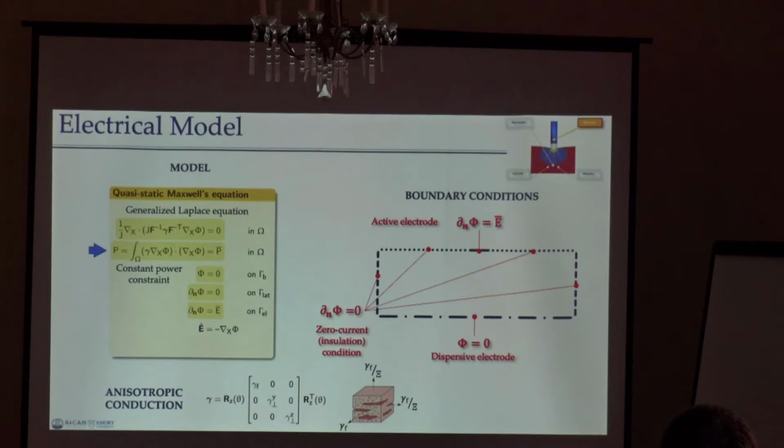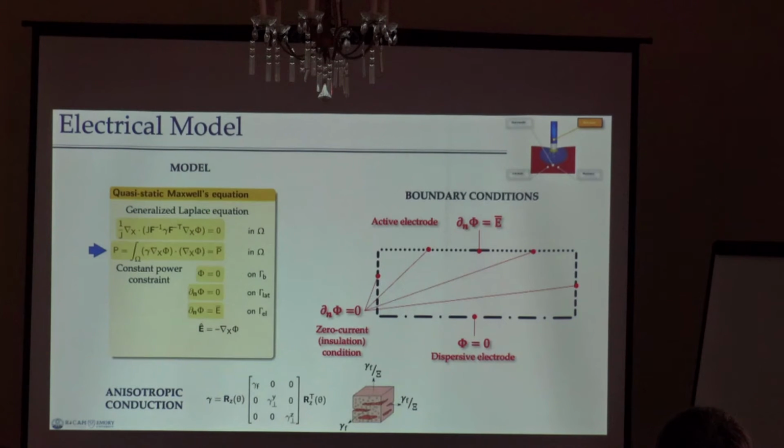From the electrical point of view, we assume electrical current entering at the electrode surface. The dispersive electrode is assumed on this surface over here with reference zero potential, while on the other boundaries we assume zero current. It's very important here to add an additional constraint to the Maxwell equations.